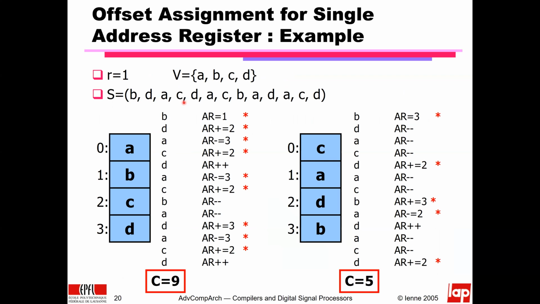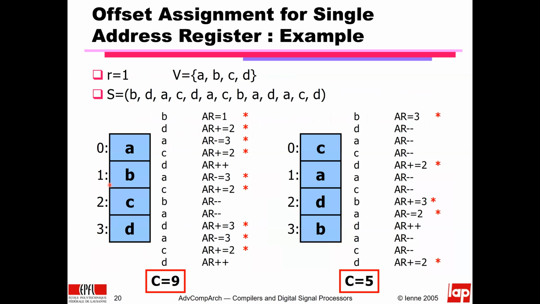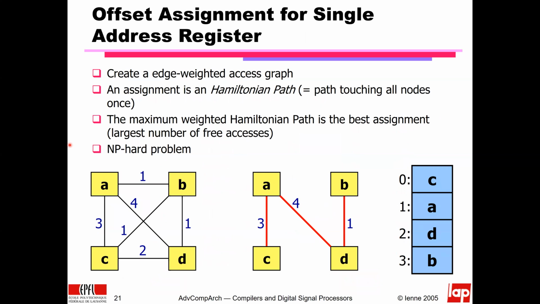A, no; B, A, no; B, A and B are one after the other, so once; no A and B, no A and B, finished, only one, which is the value that I find here. If I look, for instance, between A and D, how many times they are neighboring accesses? Once, twice, 3 times, and 4 times, and so I have these 4.